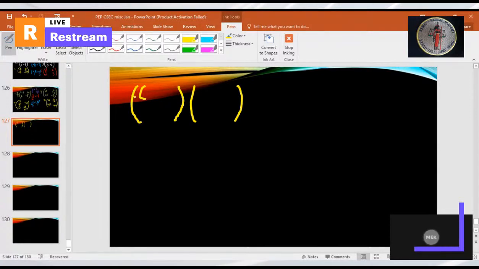Negative 6, 0, 5, 4. And then we have 3, 2, negative 6, 1. So we multiply row by column.